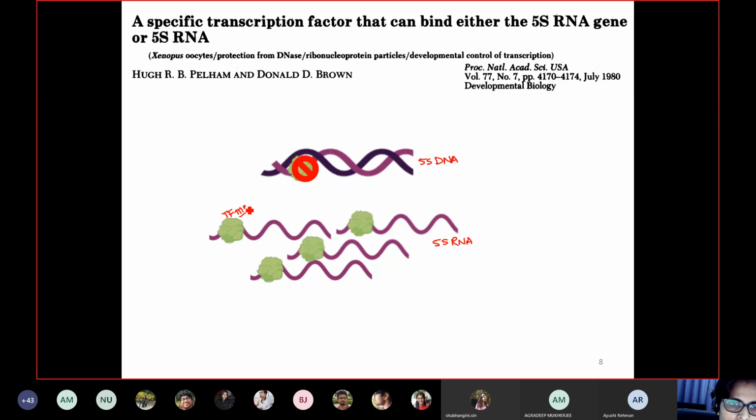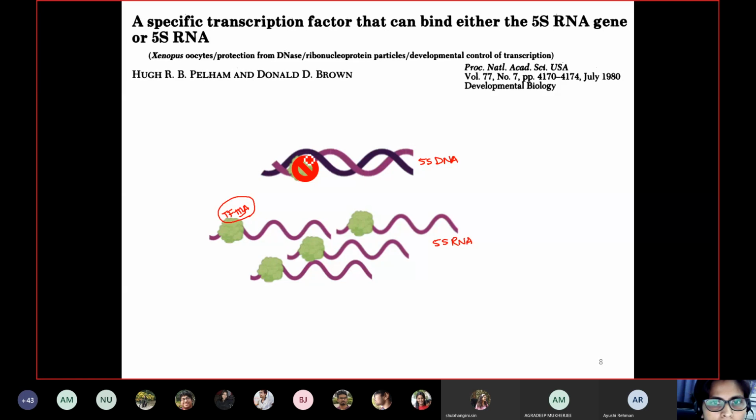I'm writing it here as transcription factor 3. As more RNA is produced, more transcription factor binds to the RNA, and the same transcription factor is not available for binding at the 5S DNA site. So there is a lot of competition going on at the DNA and RNA level. These are the findings they found between these two.